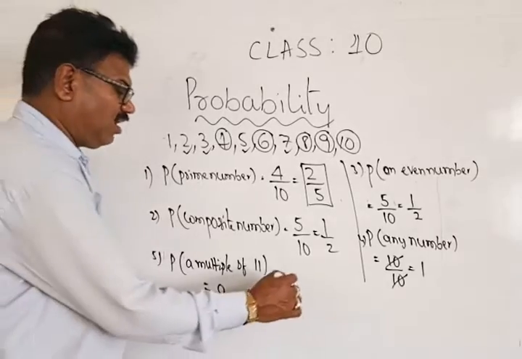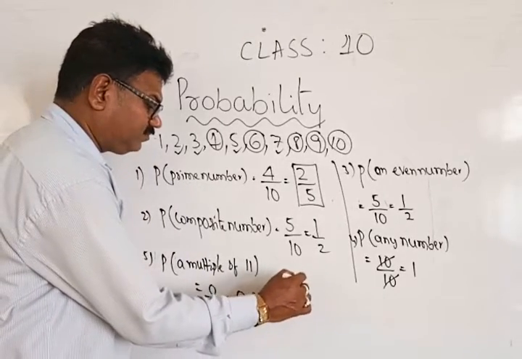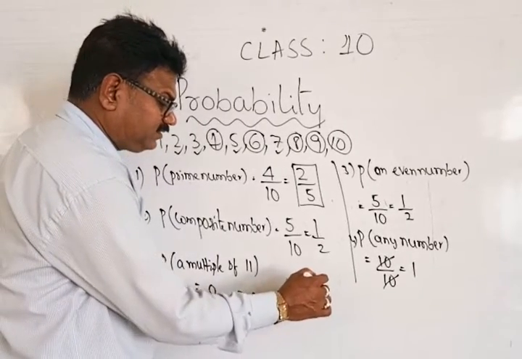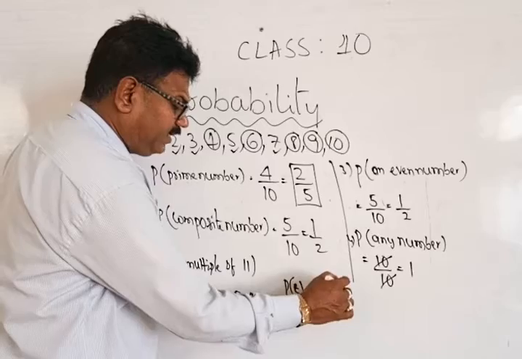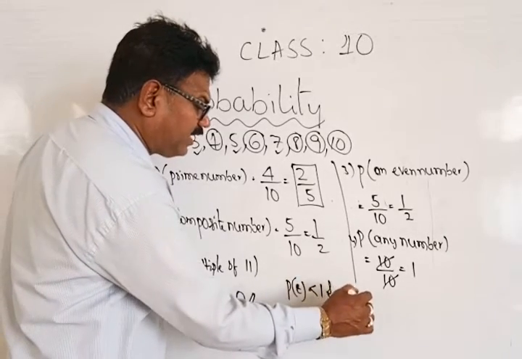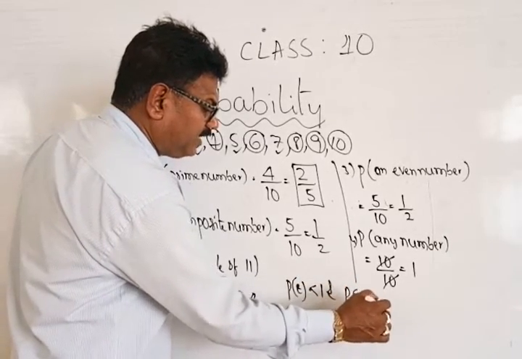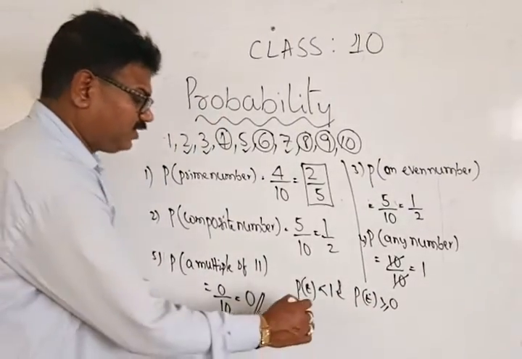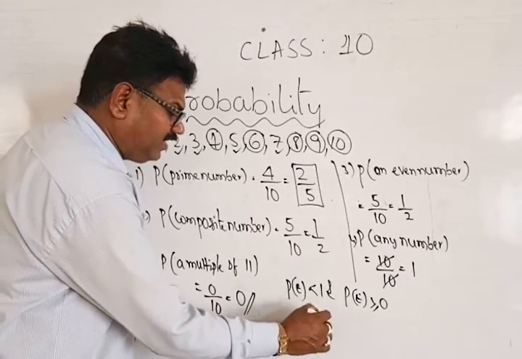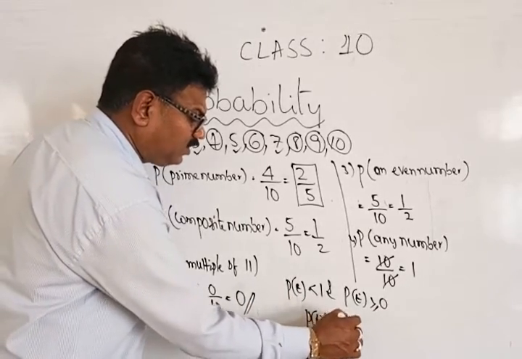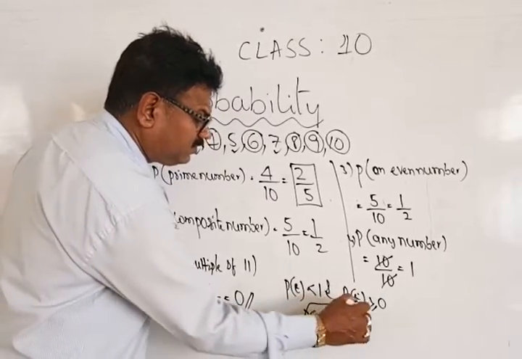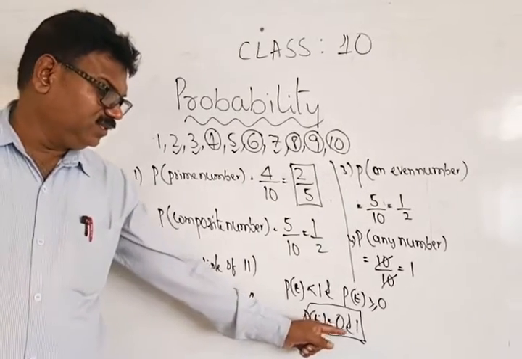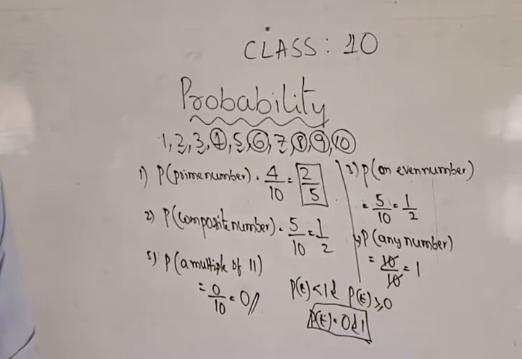Therefore, probability of any event will be less than or equal to 1 and greater than or equal to 0. Therefore, the probability of an event lies between 0 and 1. Okay?